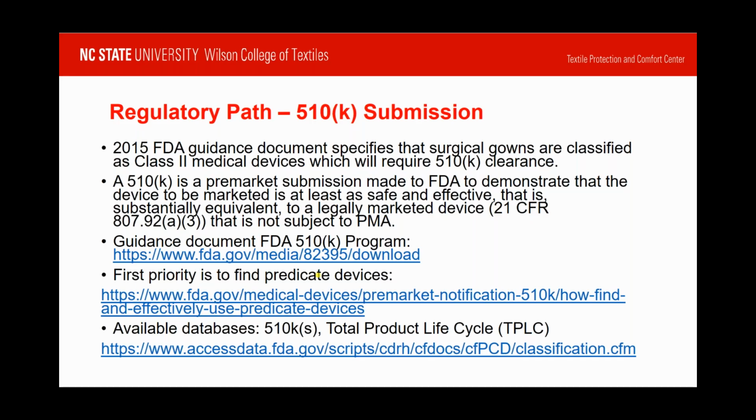Therefore, there are sometimes requirements for testing after so many cycles. If it's a reusable gown, for example, how many times has it been washed and laundered under certain conditions? Does it still maintain its protective properties and its resistance to blood penetration and liquid penetration after that number of washings? So there are these various requirements that you can read about in these various documents.